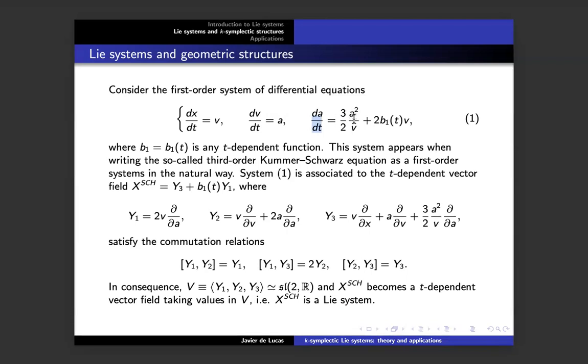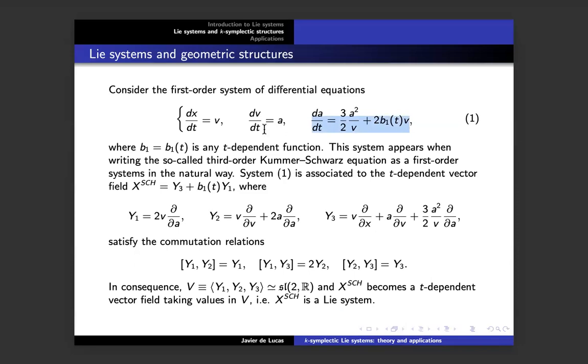If you substitute A as the second-order derivative of X and B as the first-order one, the expression you obtain is a third-order differential equation. And it turns out that it describes the Schwarz derivative, which is very important to describe hypergeometric functions, field models, string theory, integrability of mechanical systems, lots of things.